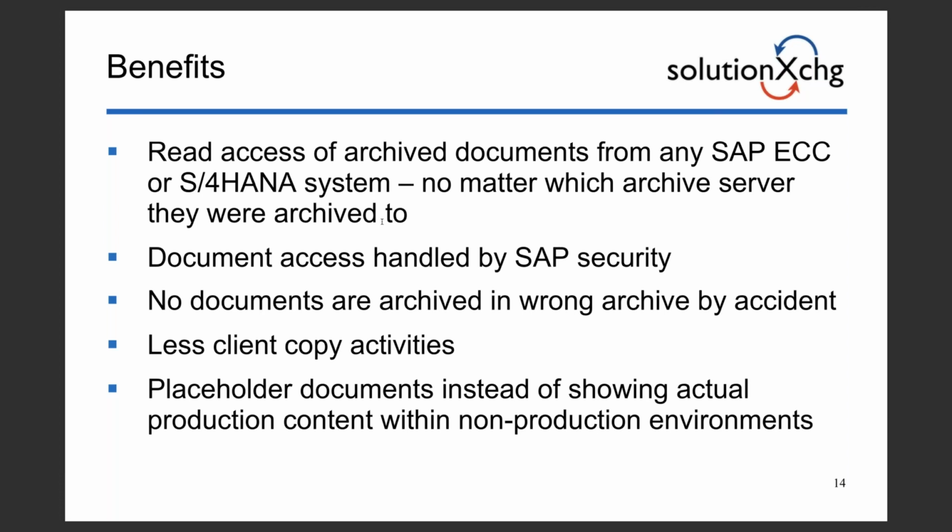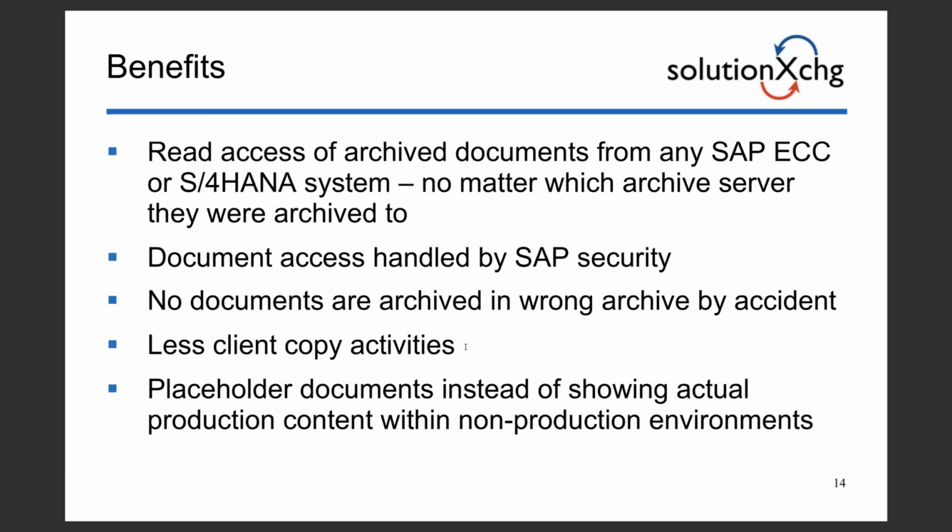Now, summarizing these use cases, read access of archive documents from any SAP ECC or S/4HANA system, no matter which archive server they were archived to, can be managed and accomplished with the ACC. The document access is handled by full SAP security. No documents are archived in the wrong archive by accident. The ACC makes sure of that.